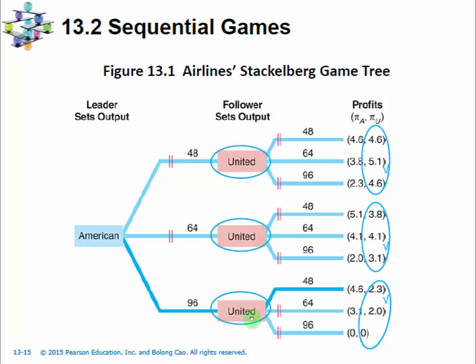As long as United is a rational player, United won't choose 96 to get 3.1, which is lower than 4.1, given American's output at 64. Or if American decided to produce 96, United won't choose 96 to get 0 instead of getting 2.3 at the output level of 48, because 96 is not the best response in either situation for United. American doesn't need to believe those threats. They are empty threats from United.